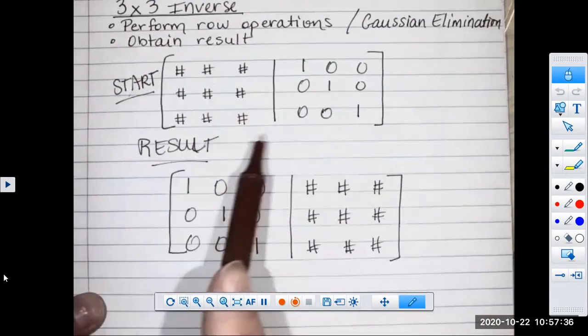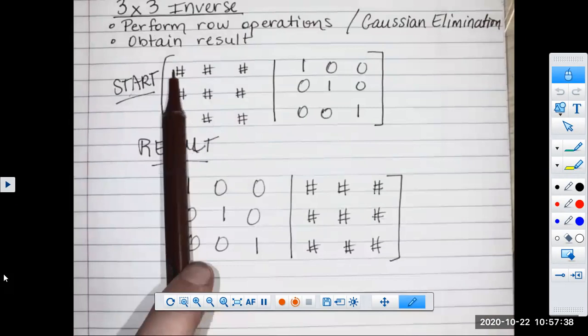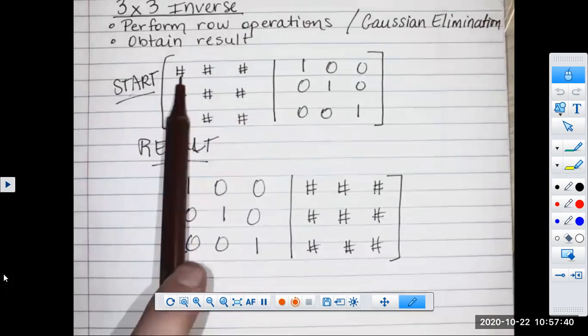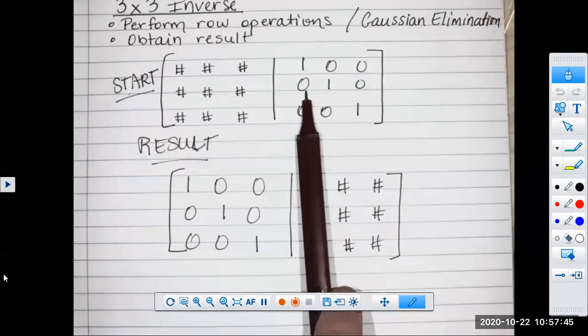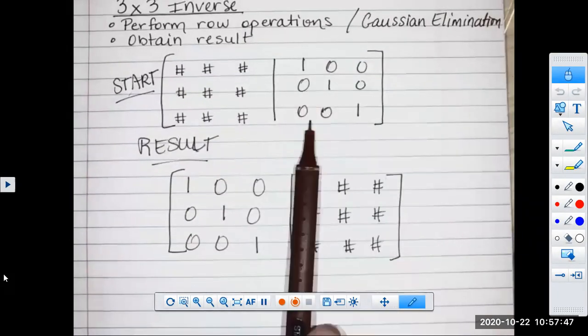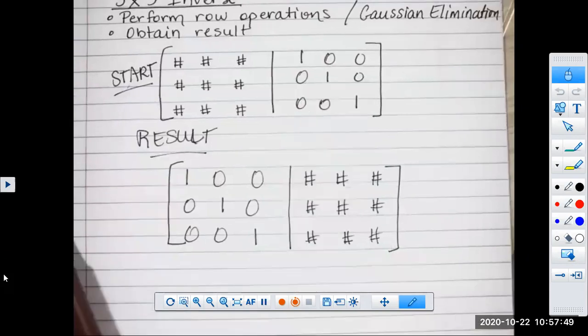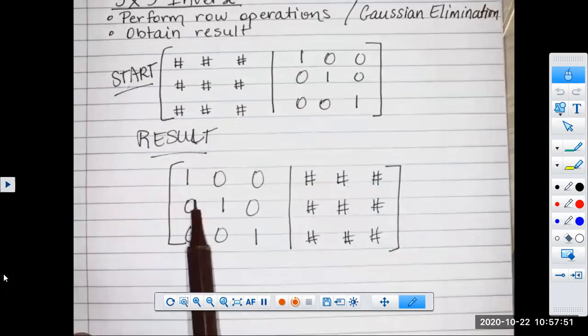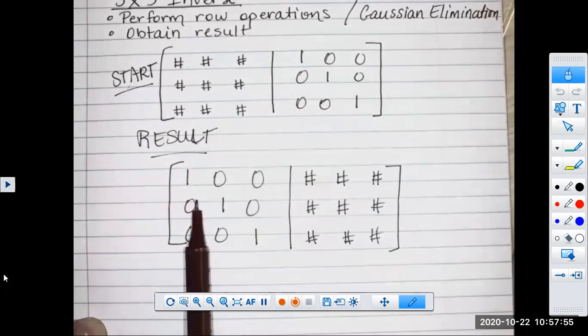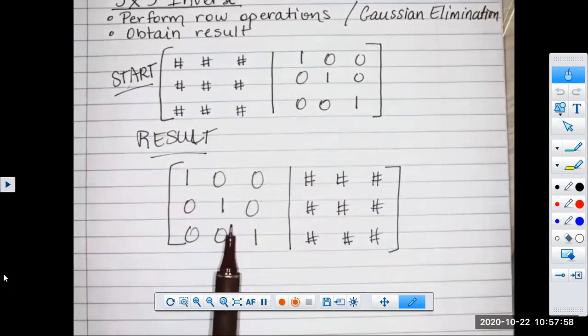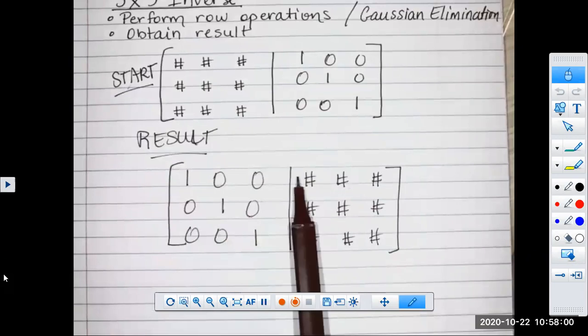We're going to take our original 3x3 matrix, and those numbers will be here. We're going to fill in the right side with the identity matrix, ones along the diagonal, zeros everywhere else. We keep doing row operations until we get ones and zeros everywhere on the left side, just like that. What we end up with on the right will be our inverse matrix.